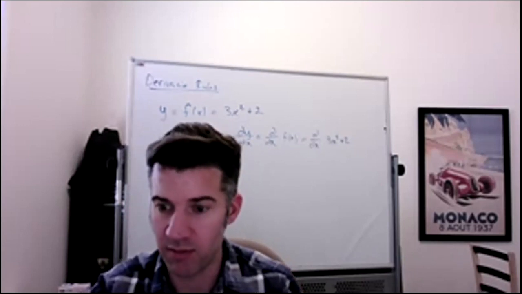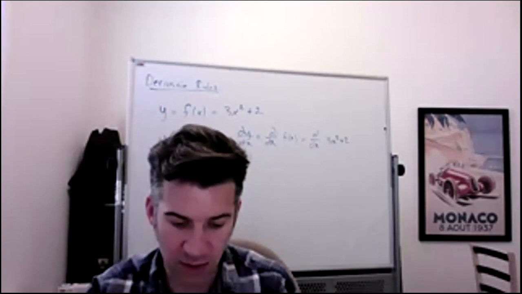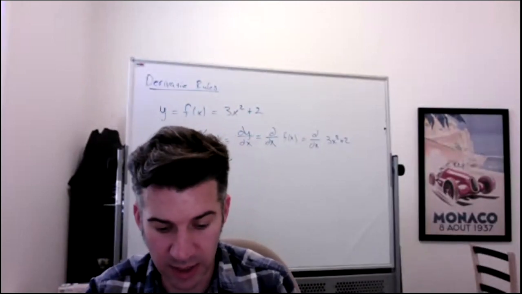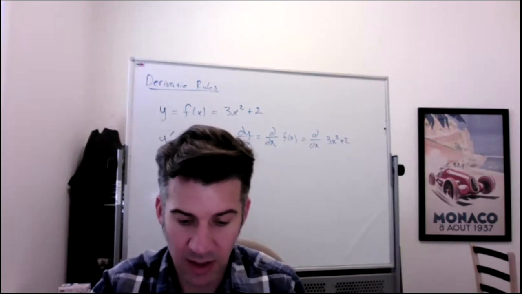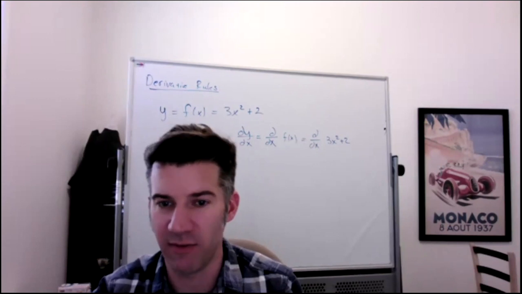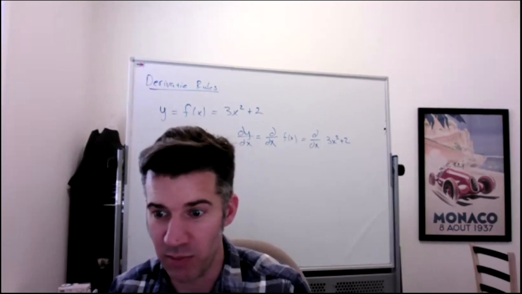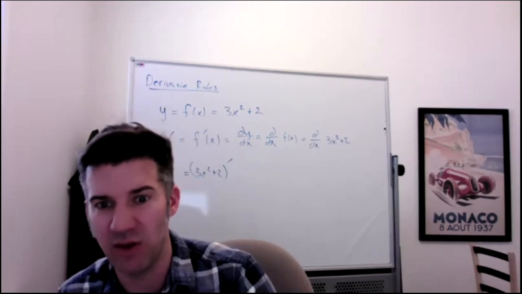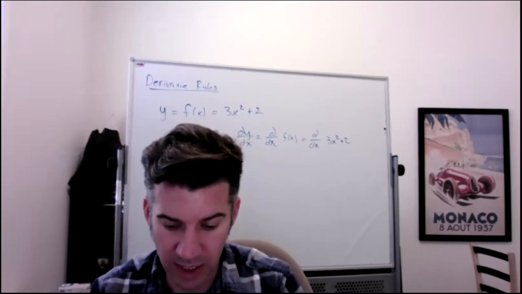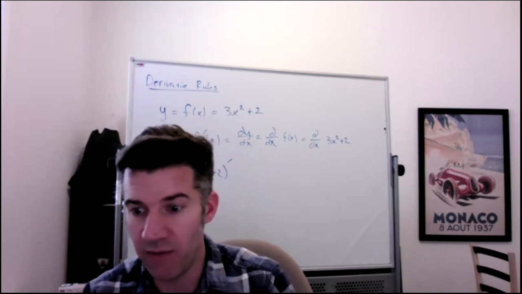There's y prime. There's f prime of x. There is dy dx. Not a fraction, but it acts like a fraction in pretty much every reasonable way. So we mostly treat it like a fraction, even though it is technically not a fraction. And then you have d dx of f of x.